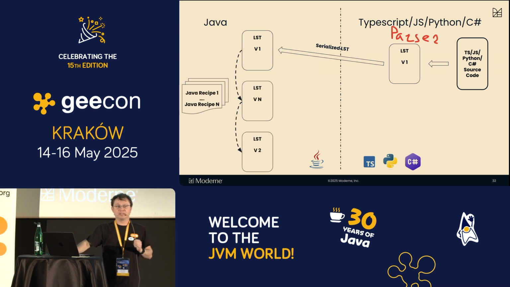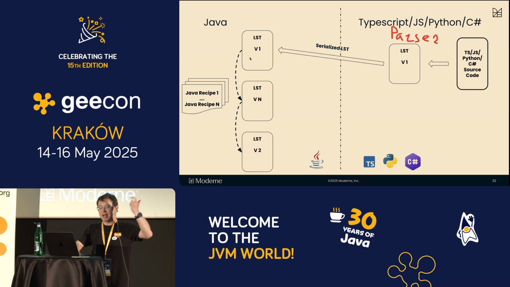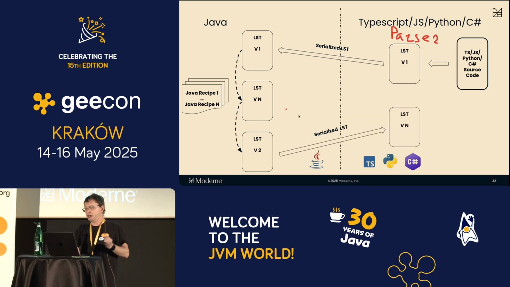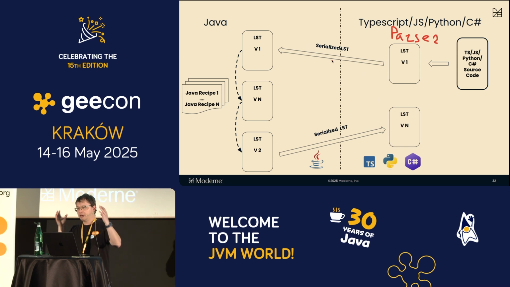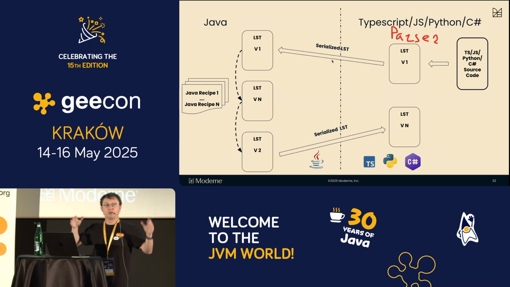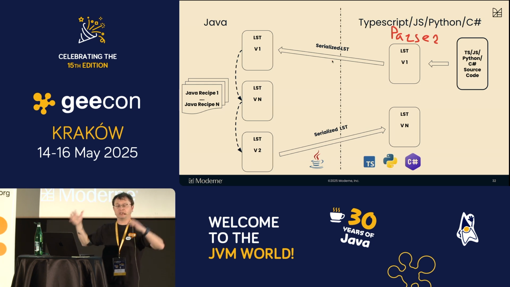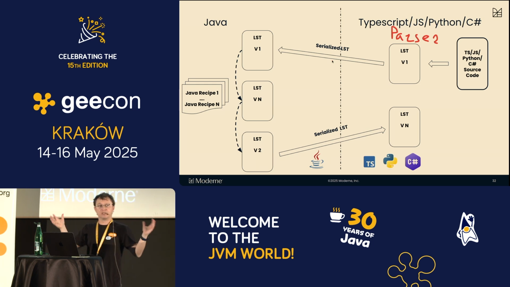After this, we can use Java recipes to modify this LST tree. After modification, we can serialize it back and send it to the native language. For this serialization, we define the protocol, mapping how each data structure will be mapped, serialized, and so on. We are almost done with this.